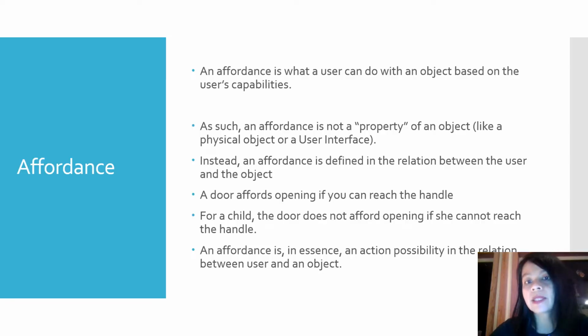Affordance is what a user can do with an object based on the user's capabilities. Okay, so there's a few key things you need to look at here. So it's what a user can do with the object based on the user's capabilities. Okay, so this means that affordance is not a property of an object.